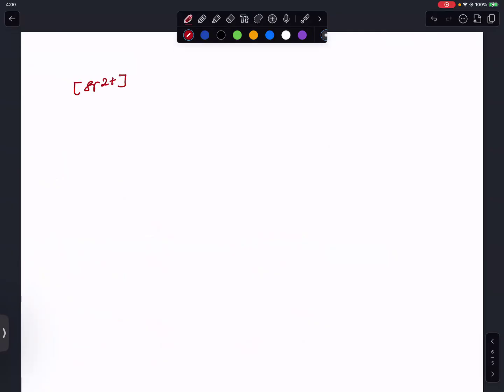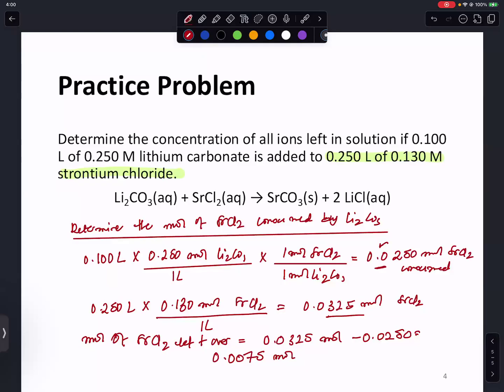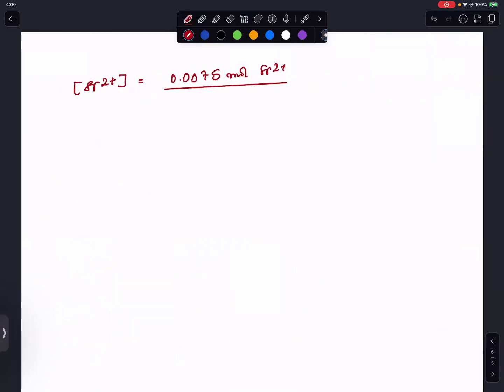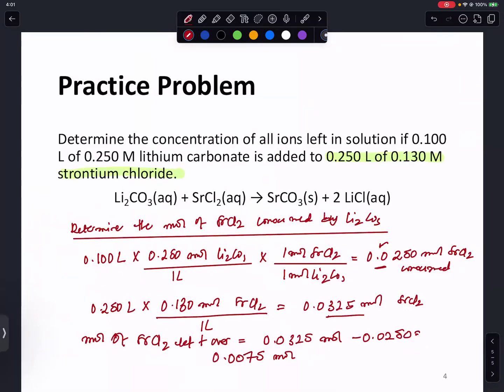In this case, I'm going to take the 0.0075 moles of strontium ions, or this is strontium chloride. I made a mistake. I apologize. I'm going to take the 0.0075 moles of strontium chloride.